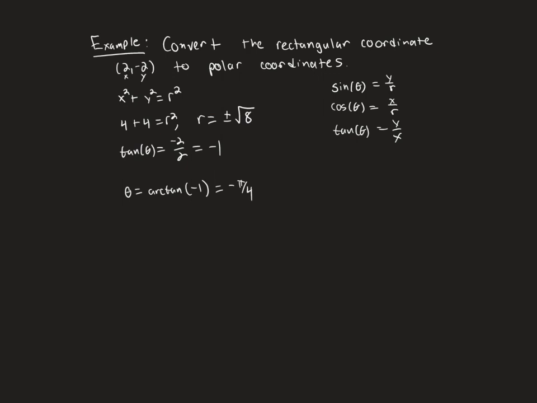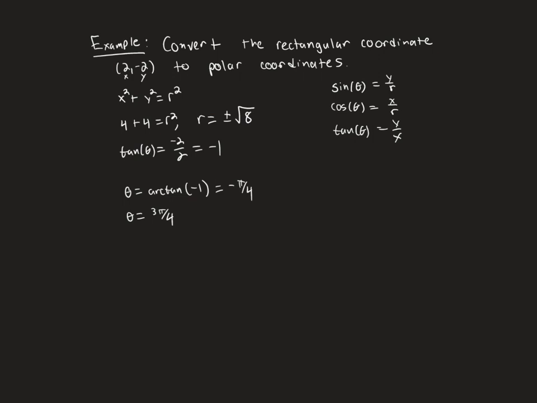So we'd have to think that, oh, we could also use theta equals 3 pi over 4. That's another angle that gives us a tangent of negative 1. Okay. And now we just have to decide what combination of r and theta is going to give us the right thing.